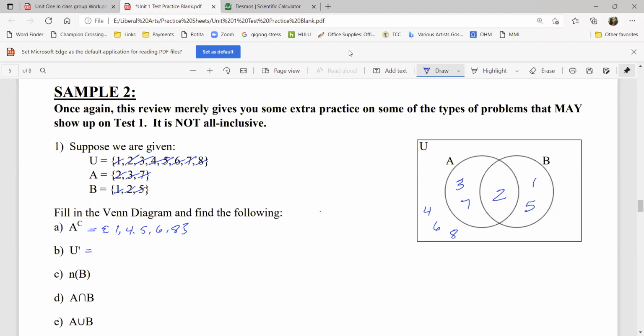An empty set. How do we represent the empty set? How do we do it officially? A 0 with the line through it. How else? Empty brackets.